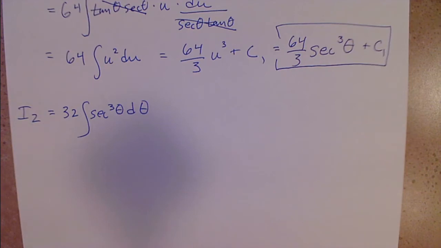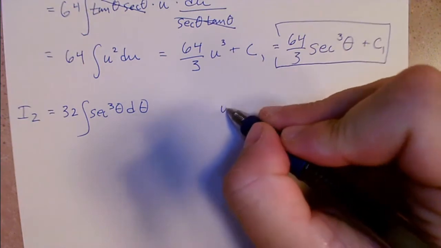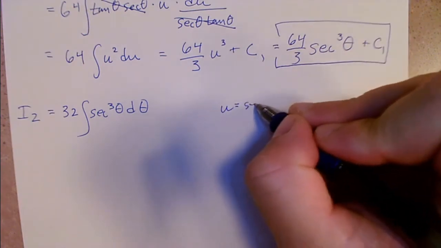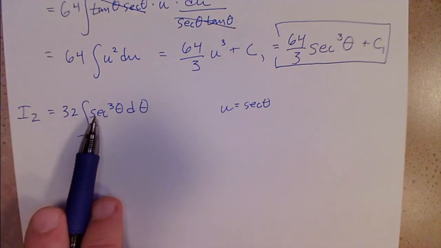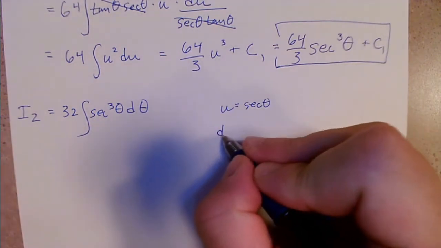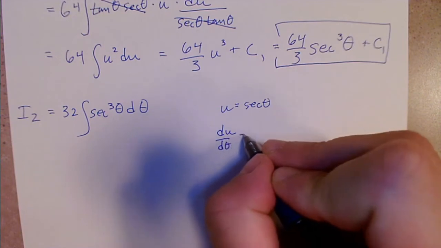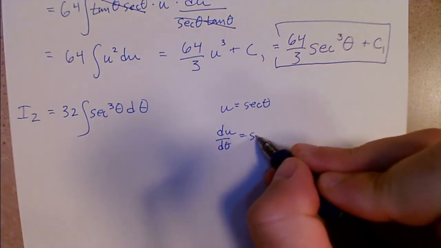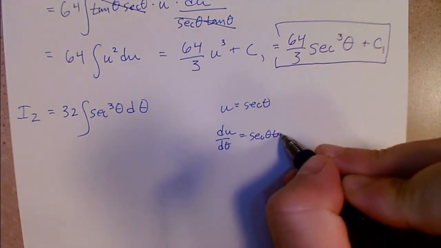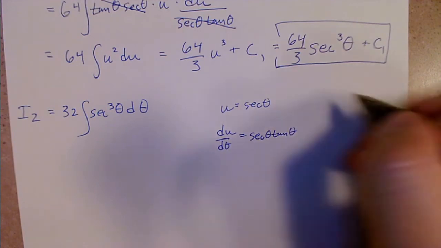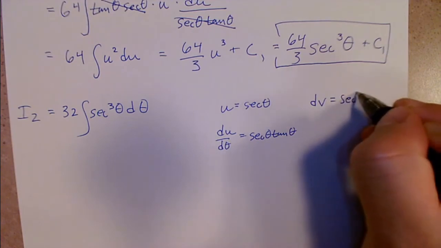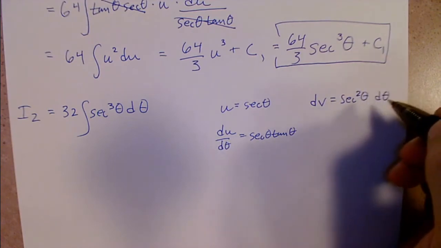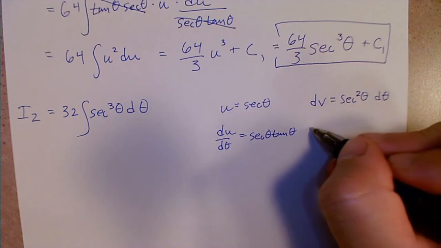What we're going to do is we need to do by parts, so we're going to call u equal to secant theta. I'm going to break this up once again into secant and secant squared, which means that the derivative of u with respect to theta, remember the derivative of secant is secant theta tangent theta. That means that dv is going to be secant squared theta. I've chosen this for dv because it's easy to integrate.